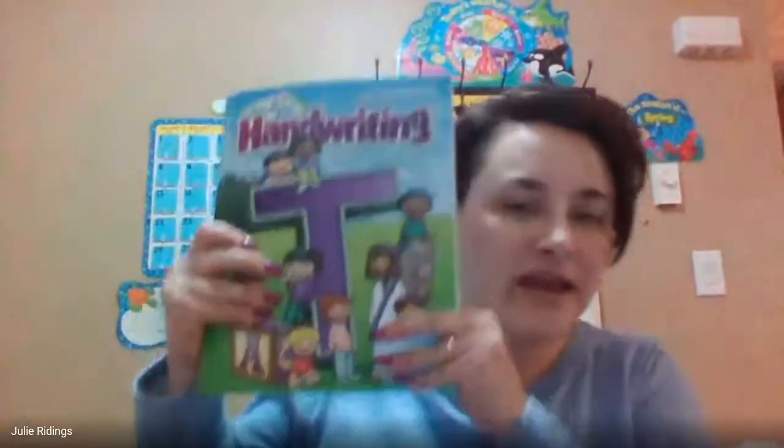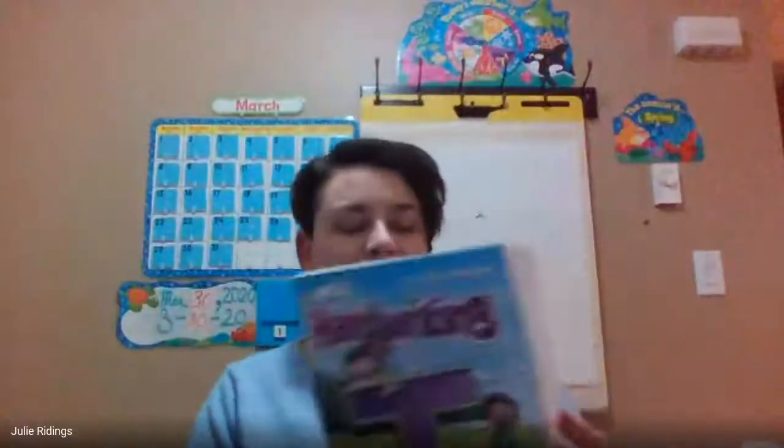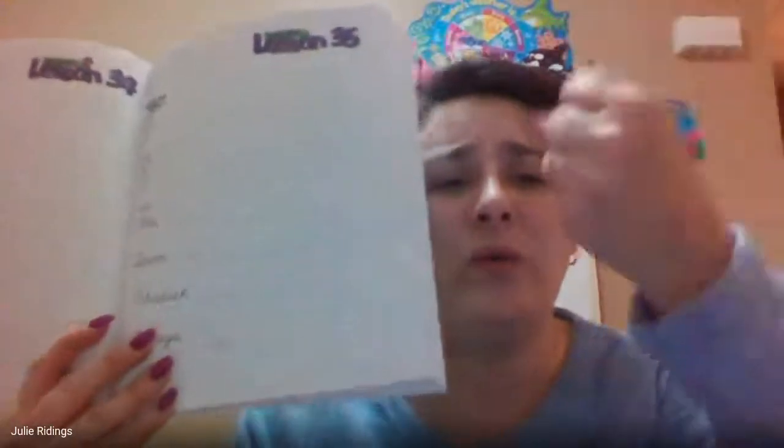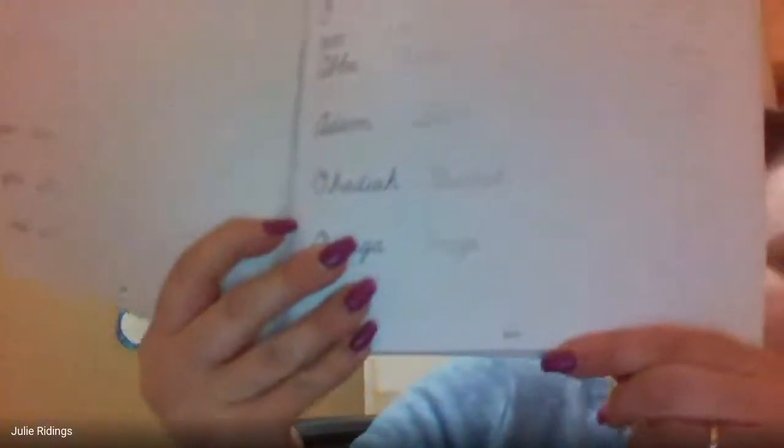Right now, what we're going to start off with for today is handwriting, just like we do a lot in the mornings. So we left off when I saw you last inside the classroom, which feels so long ago. We are going to be working on page 111, lesson 35.